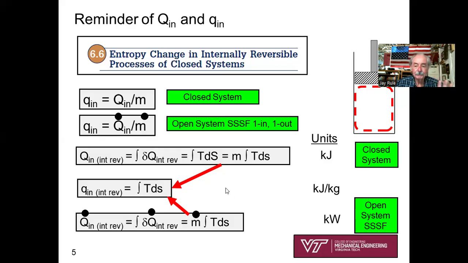I'm trying to provide some tips about getting more comfortable with little q in for open systems, steady state, steady flow, one outlet, as well as closed systems. Notice my arrow is pointing, so I can have both an open system and a closed system, and I can still make the fundamental statement that Q in across an internally reversible path is the integral of T d little s.